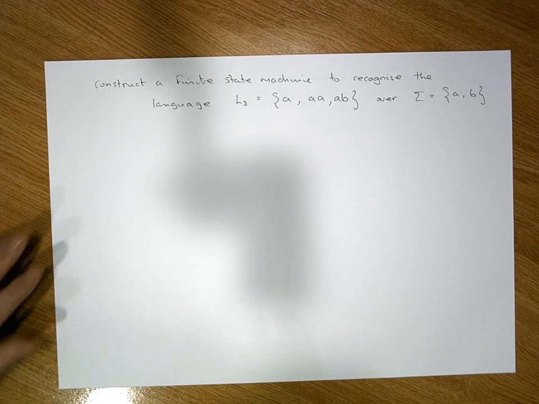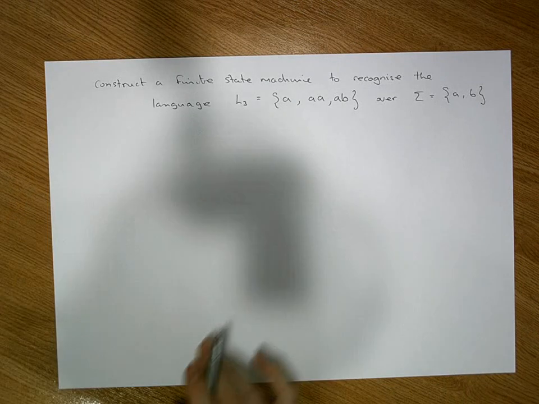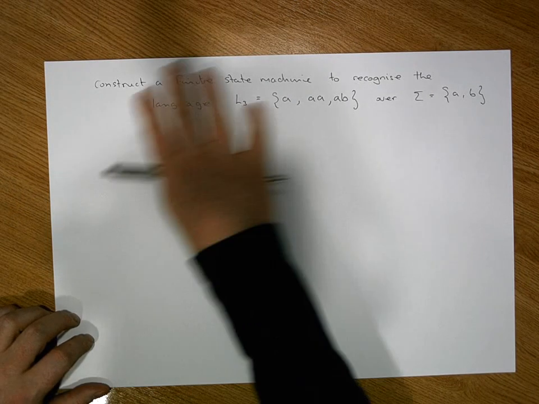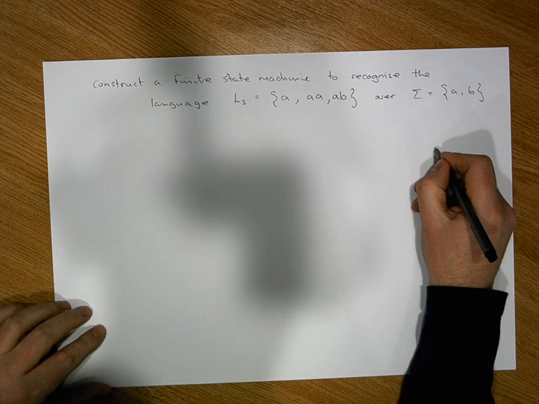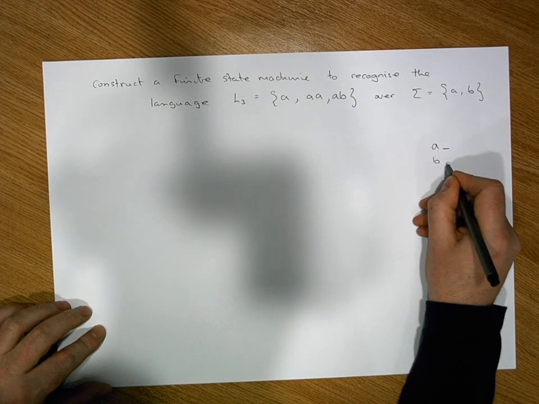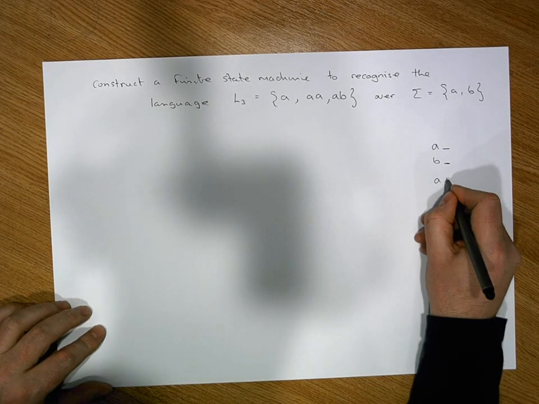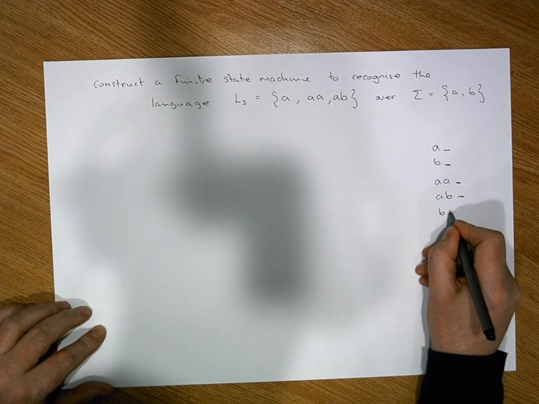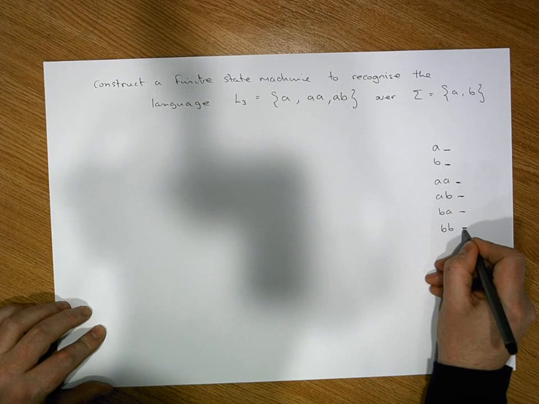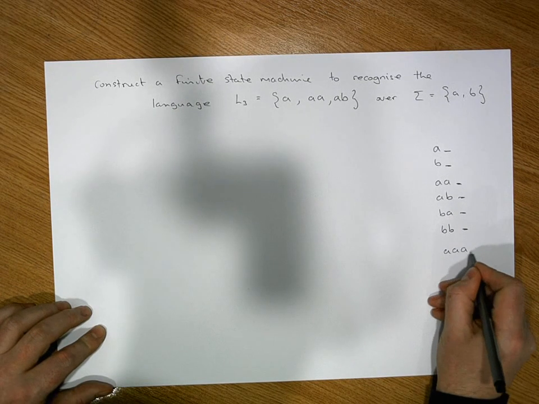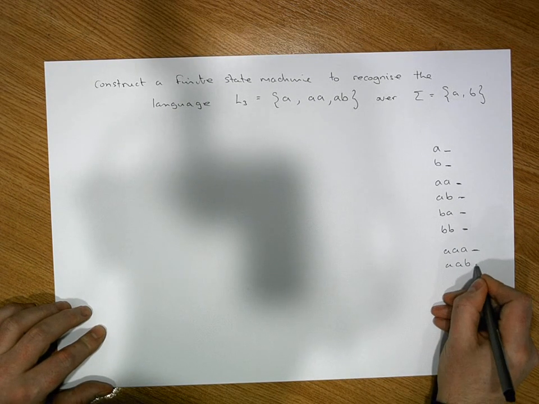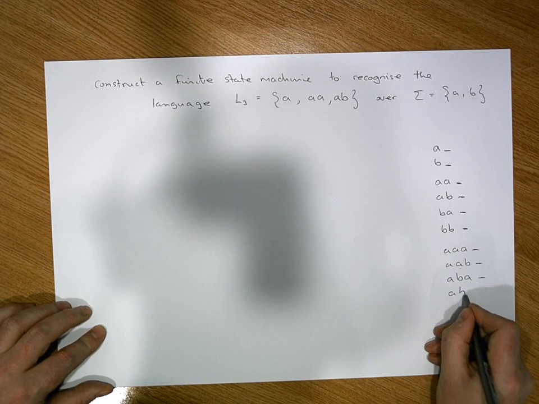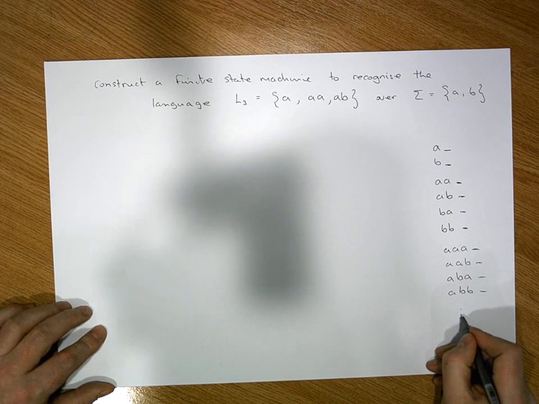So once again, like in our previous examples, we could pass an infinite number of words into this machine that we want to construct. We could pass in an A, a B, an AA, an AB, a BA, a BB, an AAA, an AAB, an ABA, an ABB, and so on and so forth.